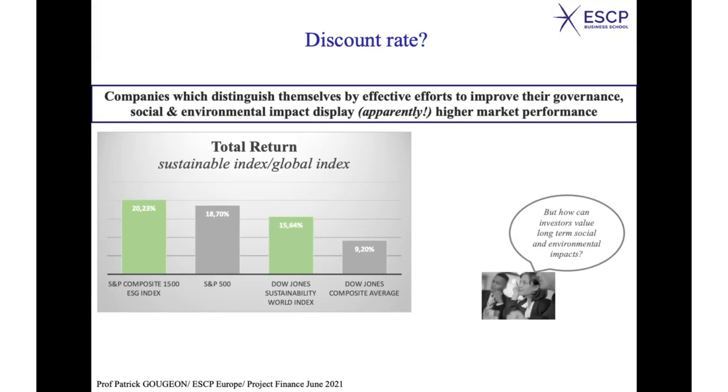So there is a lot of discussion about how we can recognize what is good and what is bad for the environment and for the social development of a country. The idea is there. There are more and more ESG funds, but there is a lot of discussion also about how we can rate, value and assess the impact of each company on the environment and on society at large.